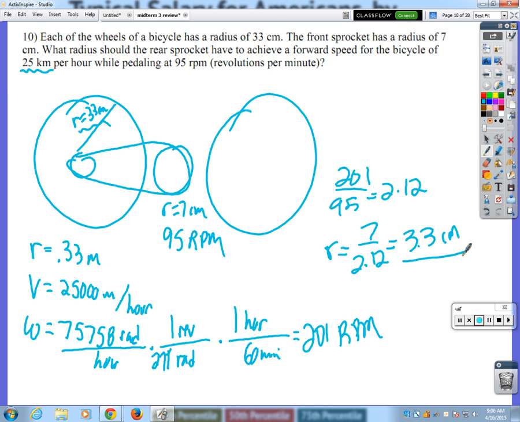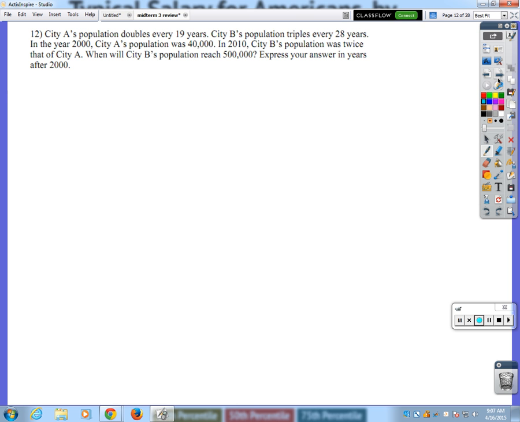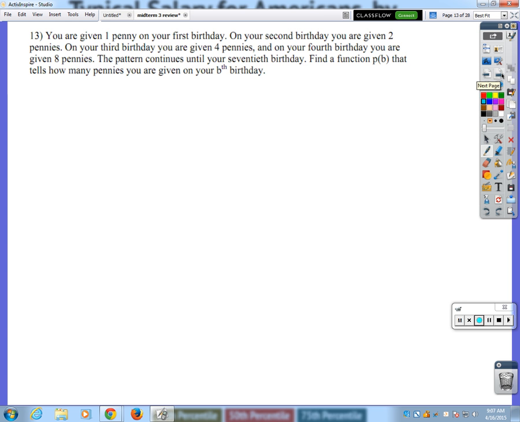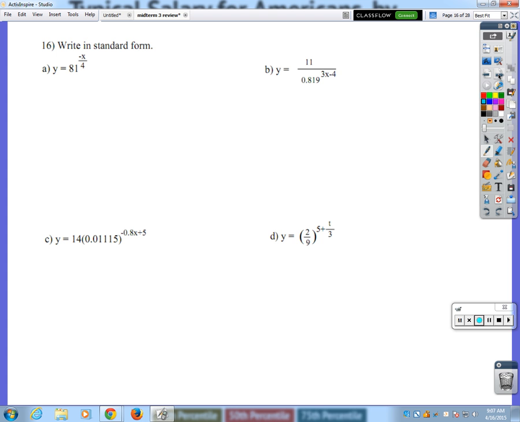So my suggestion would be that you would do some of these on your own. So this one is the linear one, that's easy. This is a population one, that's easy. This is an exponential function one, that's easy. Okay, that's an exponential function, that's easy. So you're talking about these right here, Brooke? Okay, so we can start in on those tomorrow.